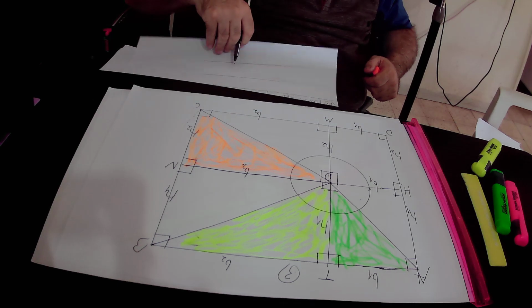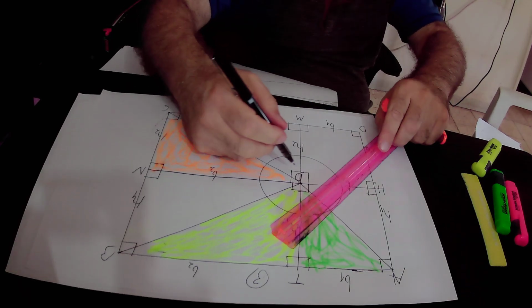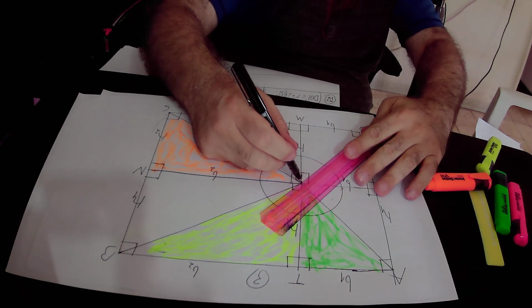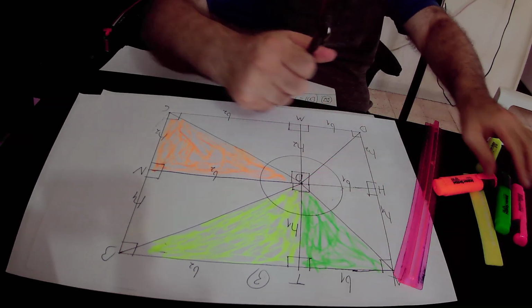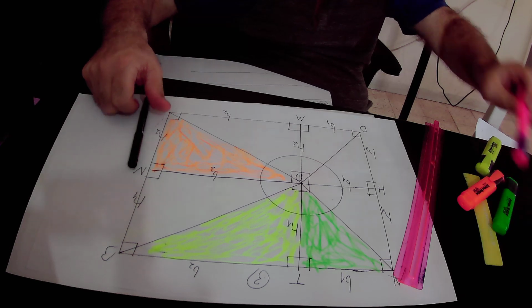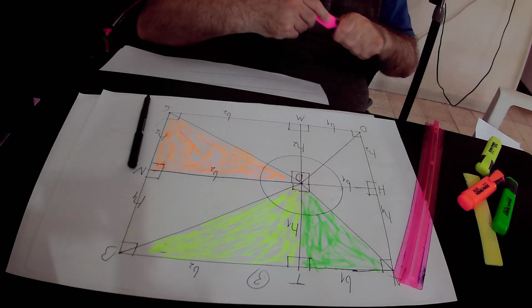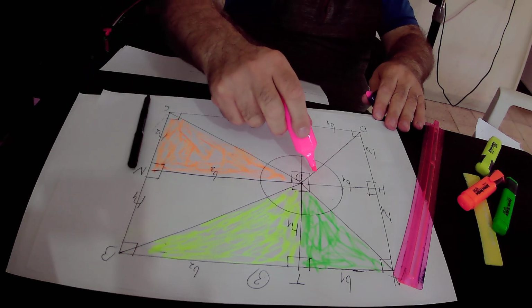Finally, we join points D and O together by a straight line. And we'll implement the Pythagoras theorem on the right pink triangle ODH.